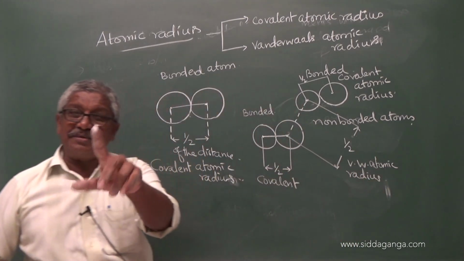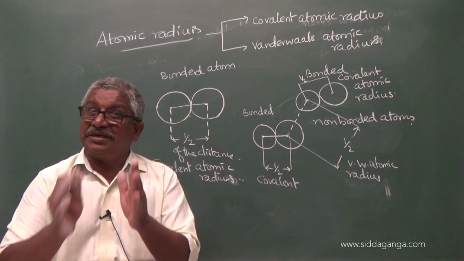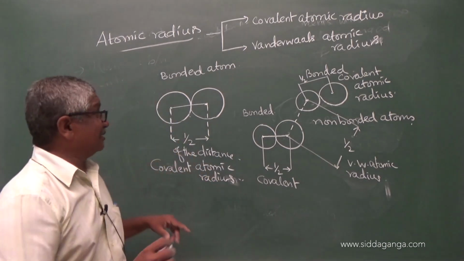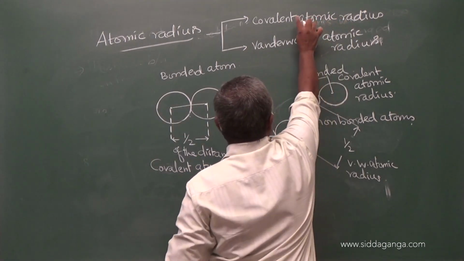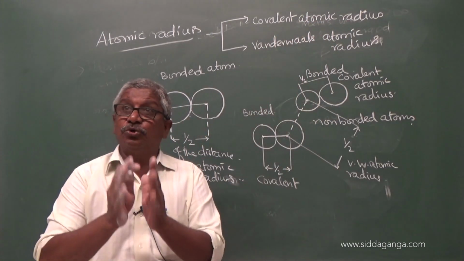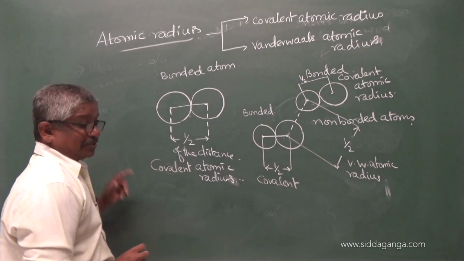So covalent atomic radius is an effective atomic radius calculated between two bonded atoms. Remember, two bonded atoms. Van der Waals atomic radius is for two non-bonded atoms.